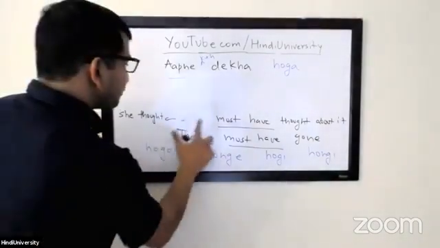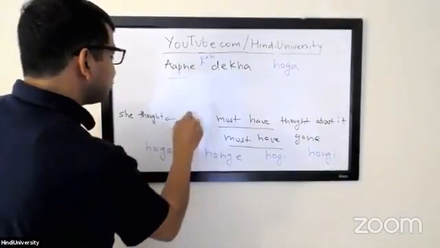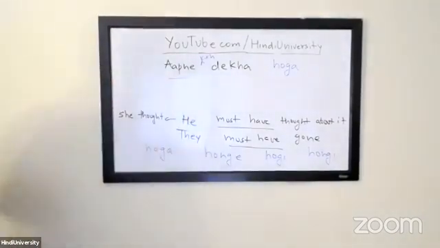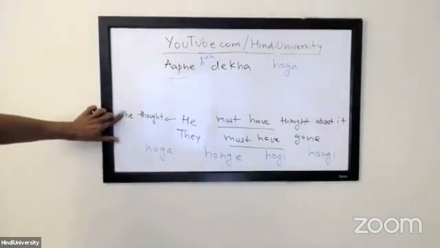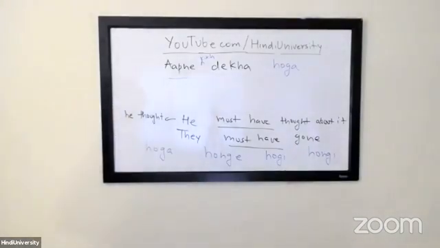Let me not confuse you. He must have thought about it, and I'll come to the exception, the changes part, later. He must have thought about it. So let's see who will do that one. Anyone who would like to give it a try? Anna? Give it a try, okay? It's all good.